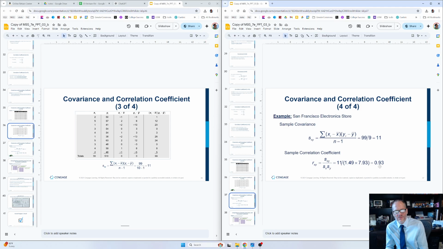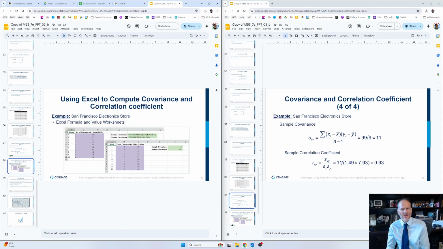So on a scale of -1 to 1, +1 is a really strong correlation between the data. As one goes up, the other goes up. So as we spend more on marketing, we get more sales. That's easy to interpret, as opposed to 11. The closer we are to 1, the stronger they are correlated.